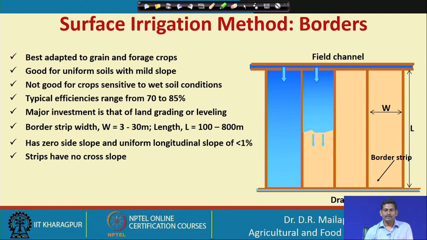Now we are going to talk about individual irrigation methods. First of all, the surface irrigation method, border irrigation.